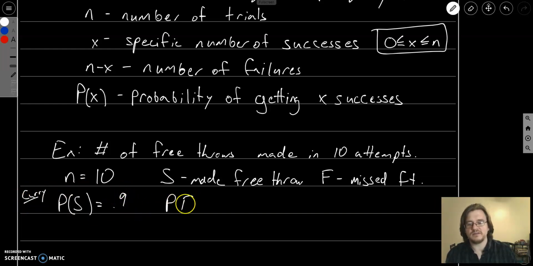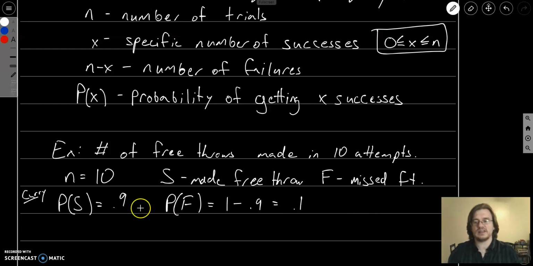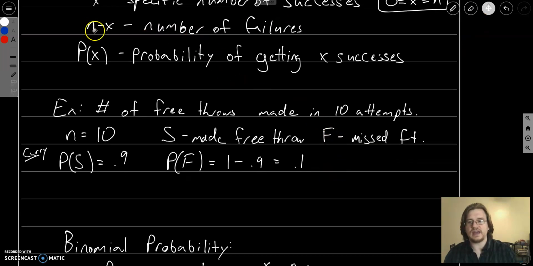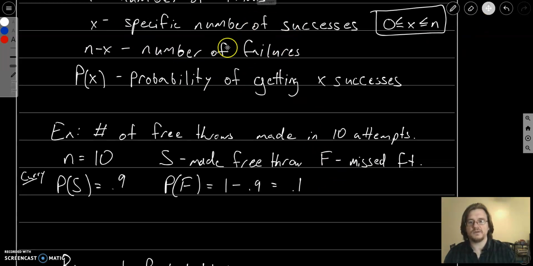So the probability of failure, the complement of this, is going to be 1 minus 0.9, which is 0.10. And this makes sense logically. If he's made 90% of his free throws, he'll have missed 10% of his free throws. And then X, the number of free throws he could make in 10 attempts, would be somewhere between 0 and 10.